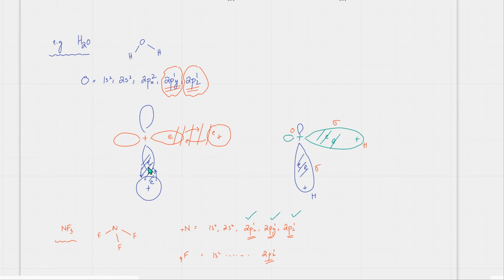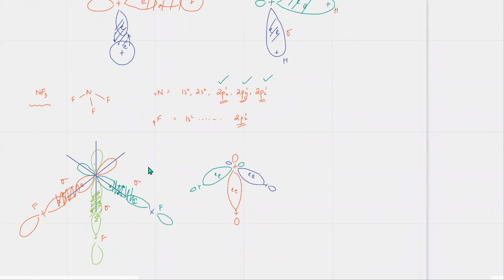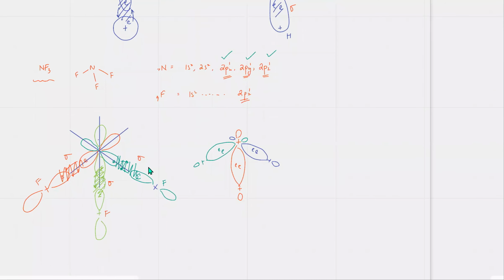So that was a water molecule, and we did nitrogen with fluorine. Nitrogen had three orbitals that needed electrons. So there were three p orbitals, one over here, one on the y-axis, the other one on the z-axis. Fluorine had just one p orbital that needed an electron. So fluorine's only bonding orbital was a p orbital.